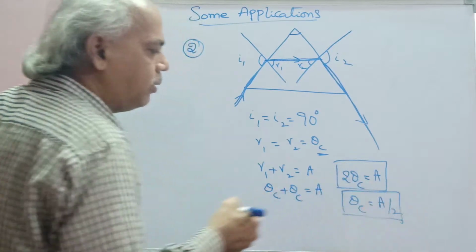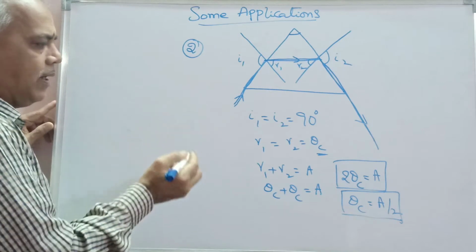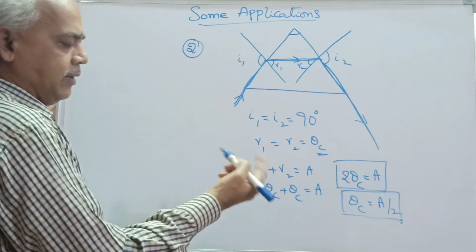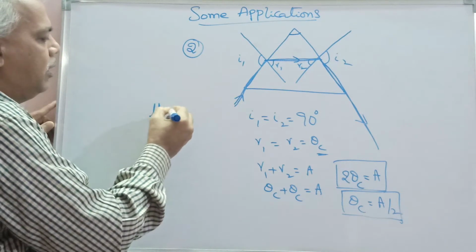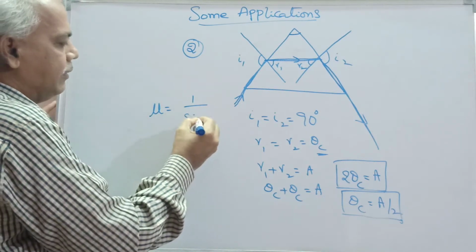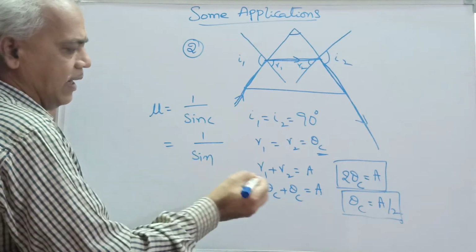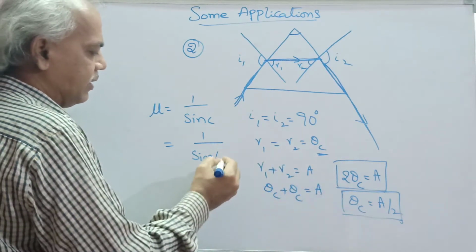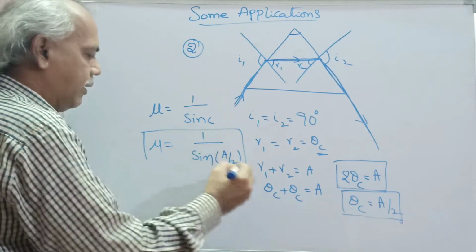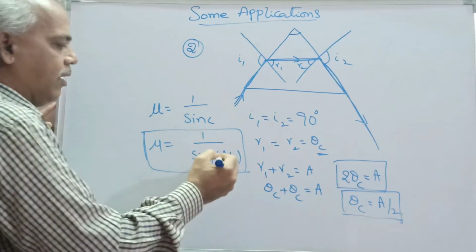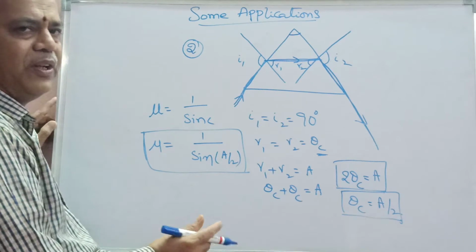We know the refractive index relation with the critical angle is mu is equal to 1 by sin C. Here C is the critical angle, theta c, that is A by 2. So mu is equal to 1 by sin of A by 2. It is the second application.